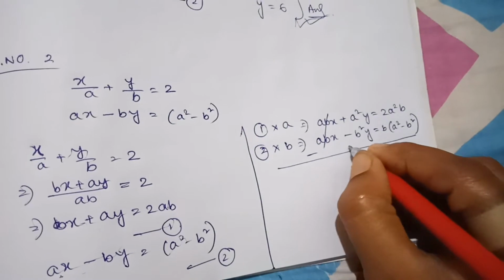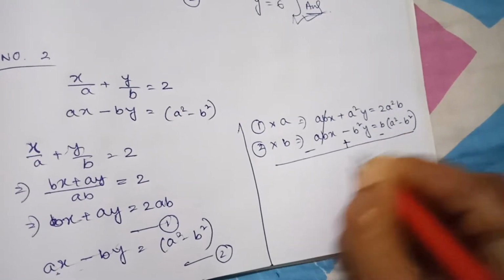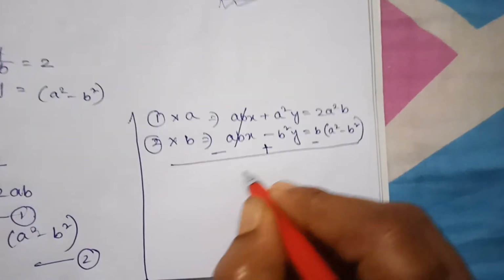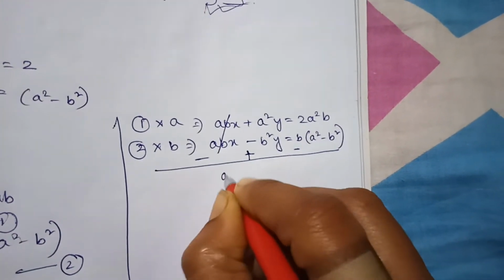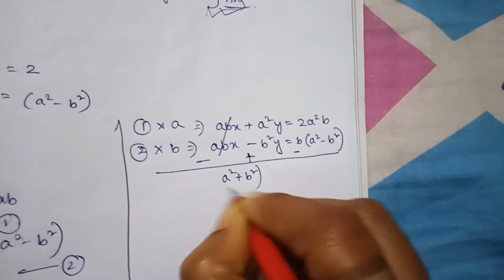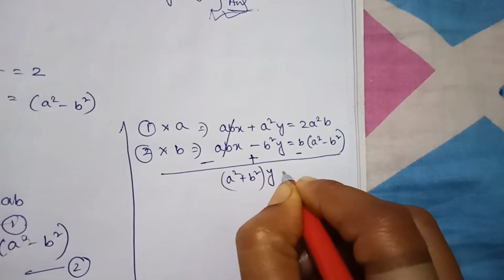These two will be cancelled. So what is there? This is A square plus B square into Y.